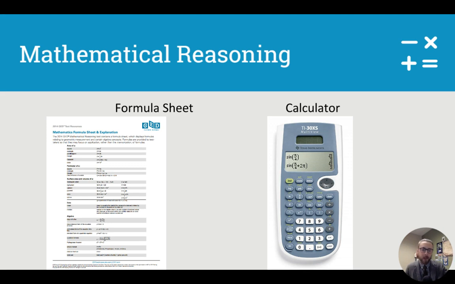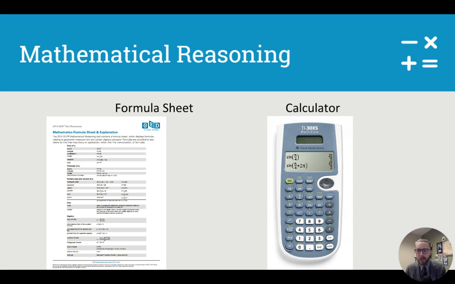If you're taking the test and you really wish you had a calculator, you can click a button on the screen and a calculator will appear on your computer screen because the test is computerized. And same for formulas. There will be a button that says formulas, and you'll click it and a formula sheet will pop up. So you don't necessarily need to carry these physical things into the test with you, but they are good aids to have.